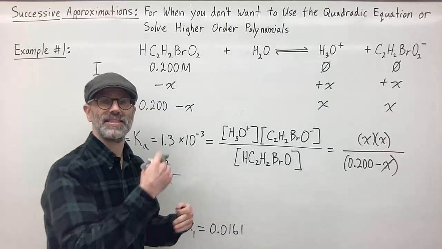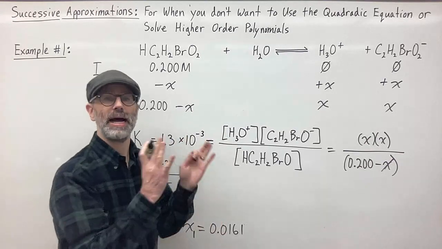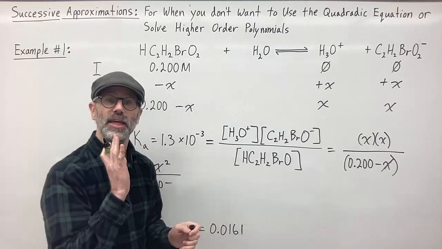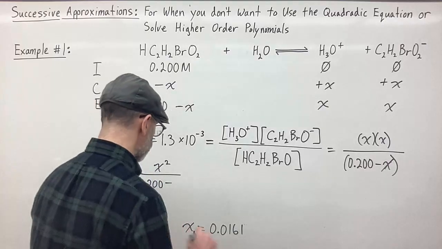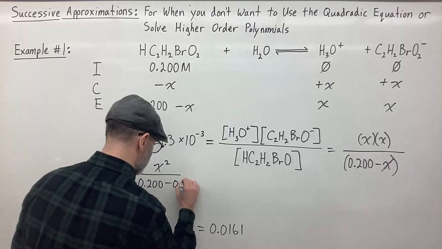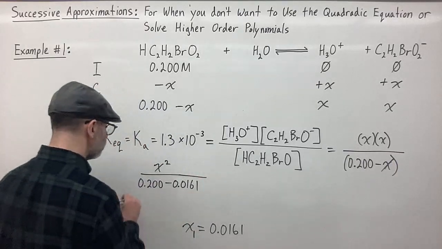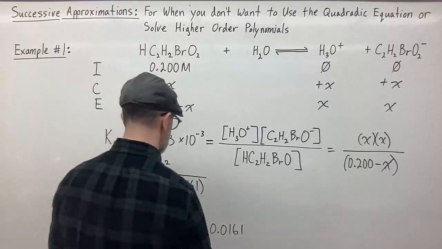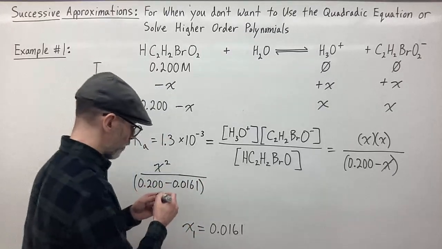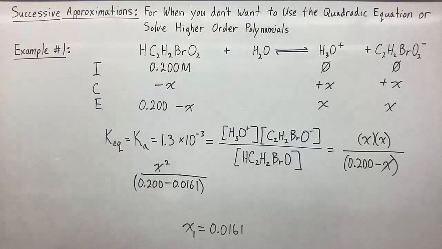So once I get the same X value twice in a row, I know I'm done. I've reached the correct answer. So then I'm going to put this in here. So it's going to be 0.0161. And then when I solve that, let me see what I get.